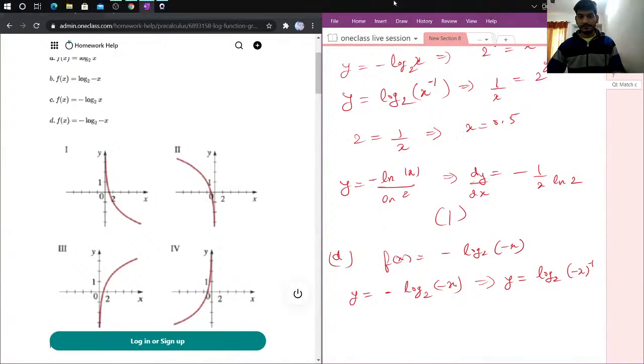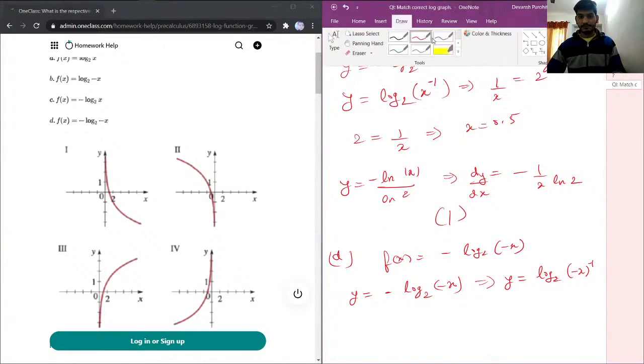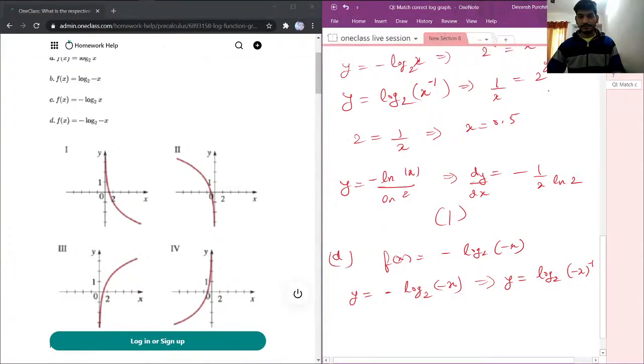If you don't know the property we are using, it is that log of a with power b will be equal to b times log of a. So we are just using the opposite.